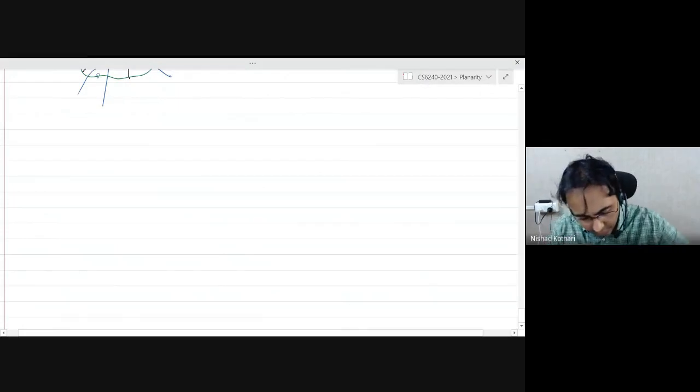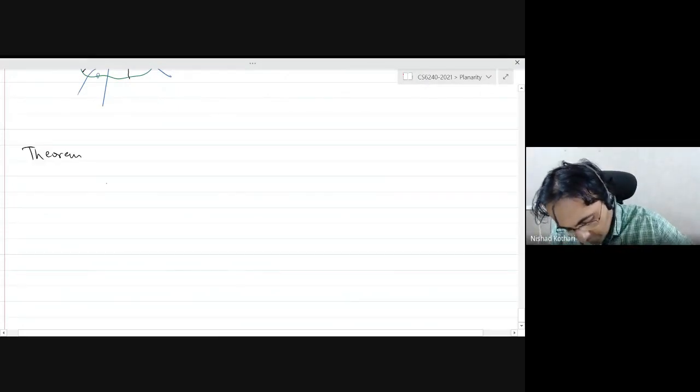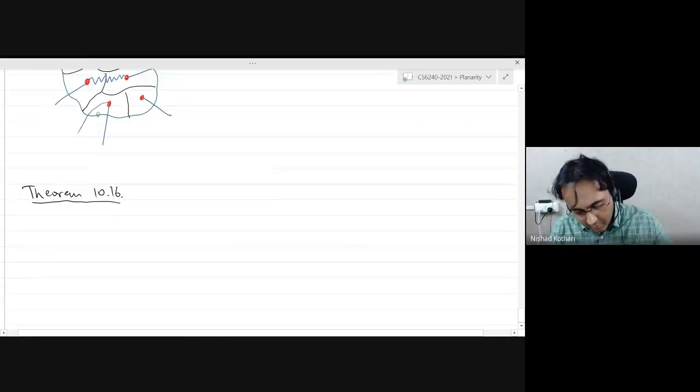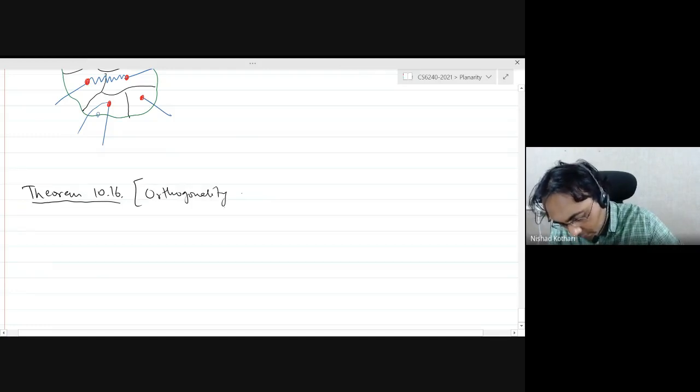Okay. So we are going to prove the following theorem, 10.16. We will prove only one part of it, and the other one you can either do yourself or it might be on the assignment. So it's basically looking at orthogonality of these vector spaces via the lens of duality.